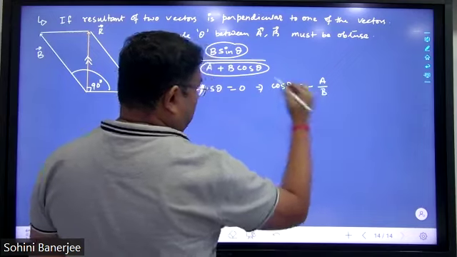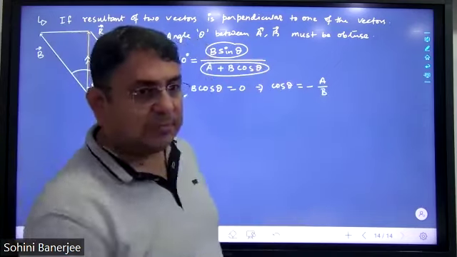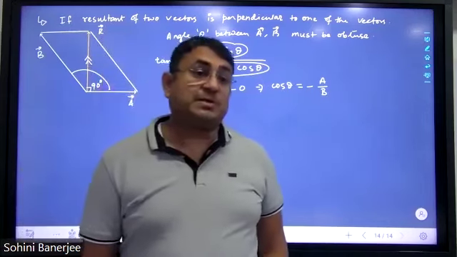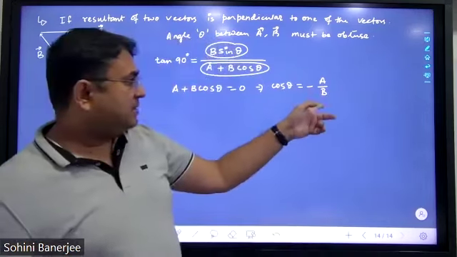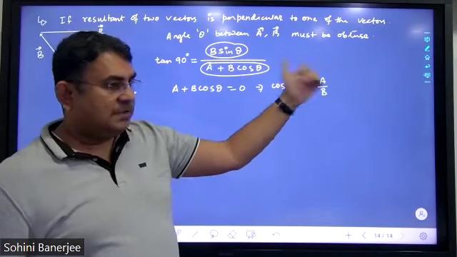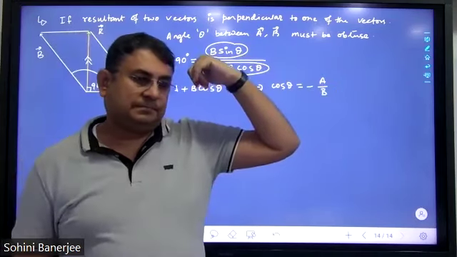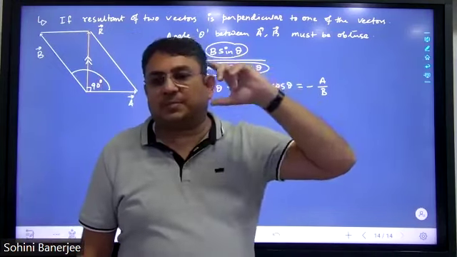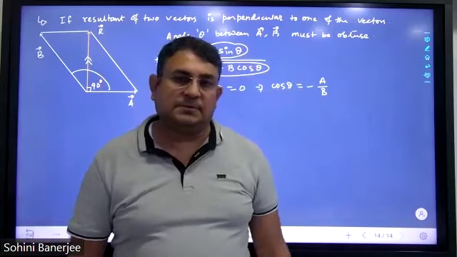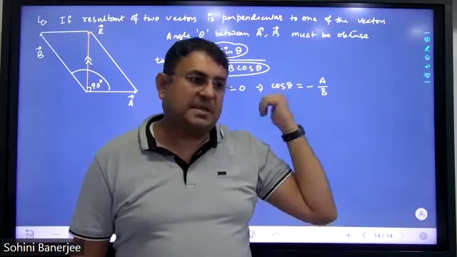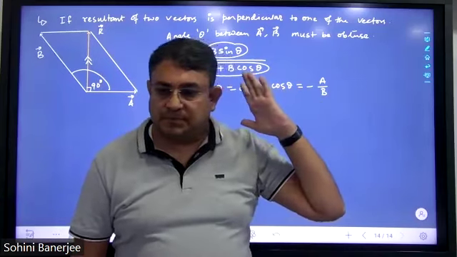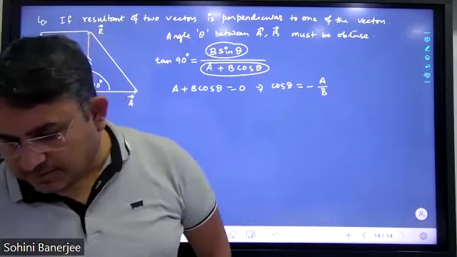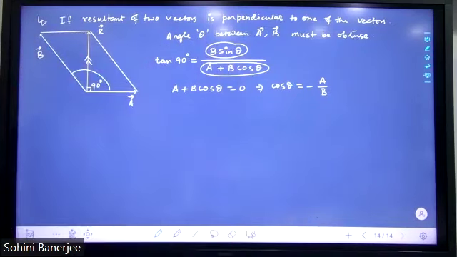Minus A by B. If you know the ratio of A and B, you get the angle. As I said, if A and B are in the ratio 1:2, then A by B is half, and theta is 120 degrees. Clear? So when it is mentioned that the resultant is perpendicular to any one vector, then we get A plus B cos theta to be 0 and we get the angle theta. Okay? Clear? This is okay.